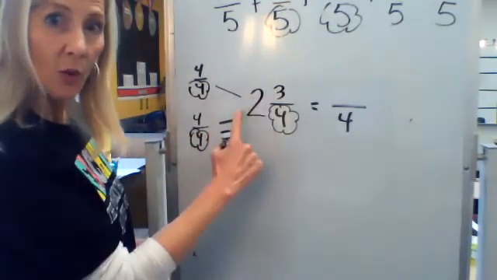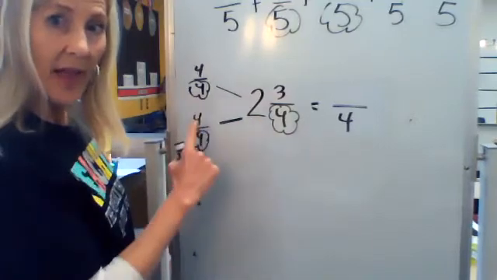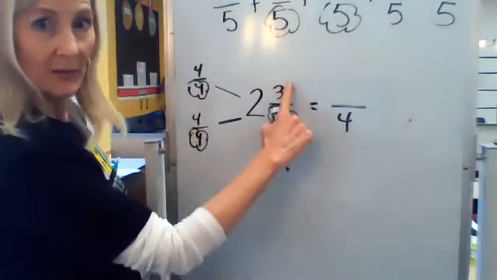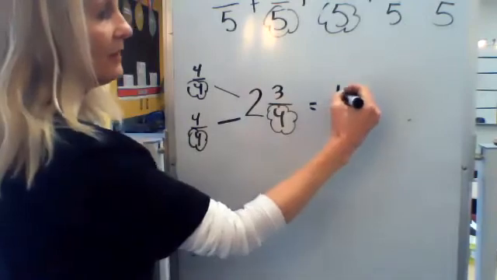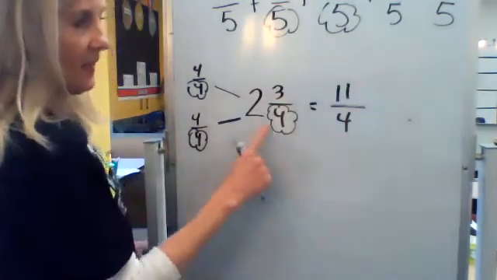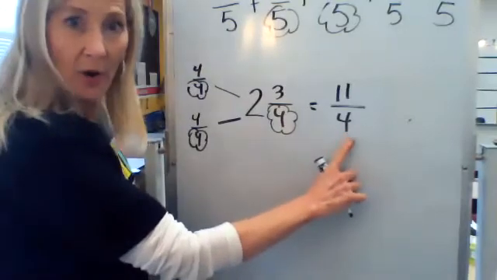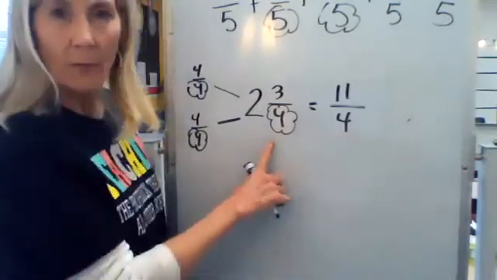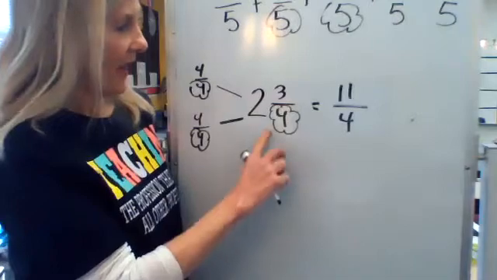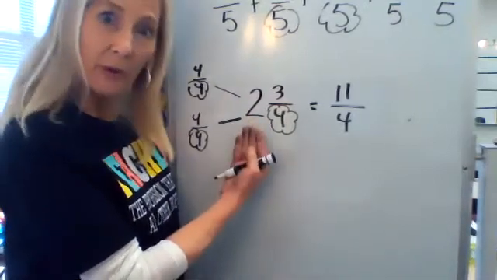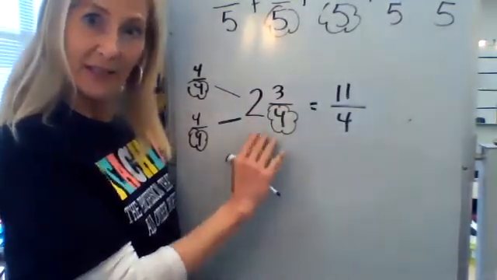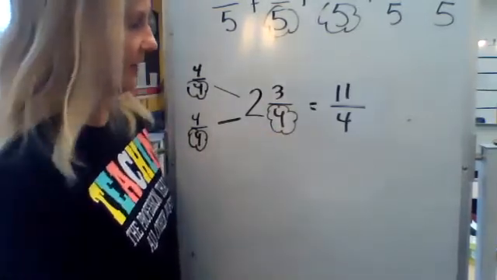So these 2 wholes were made of 8 fourths plus 3 more is 11. So 11 fourths. 2 and 3/4 is the same as having 11/4. This is improper form. This is called mixed number form. And it's called a mixed number because it's part whole number, part fraction. It's a mix. It's not just one thing or the other.